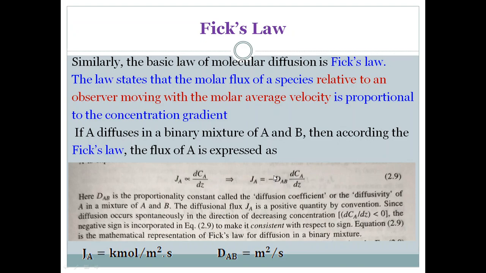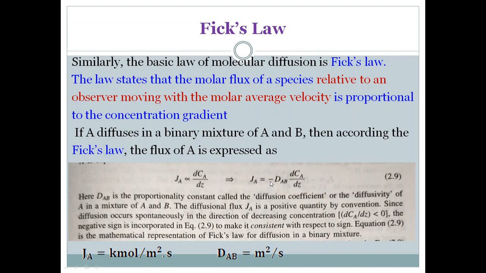Here DAB is the proportionality constant, which is called the diffusion coefficient or diffusivity. The flux J has the unit kilomole per meter square second, and DAB is meter square per second.